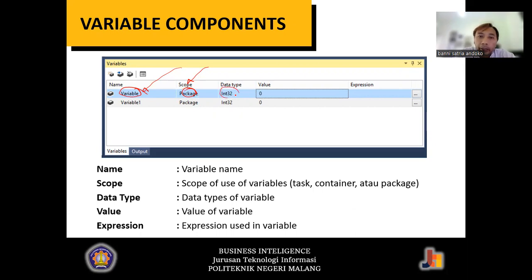And also there is a data type to be chosen, whether it is a numeric or a character data type. You can also define a default value, and you can also use an expression.